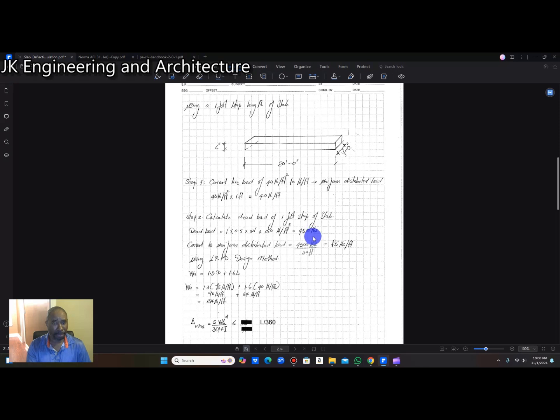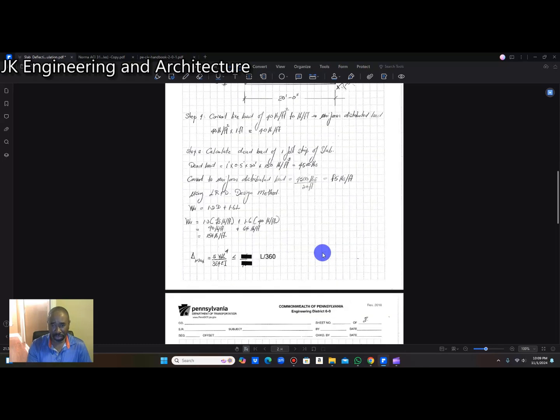But in order to calculate the weight per foot, we have to convert this 4,500 pounds into pounds per foot. Since the span of the slab is 20 feet, we divide that 4,500 pounds by 20 feet, and we end up with 75 pounds per foot, right?